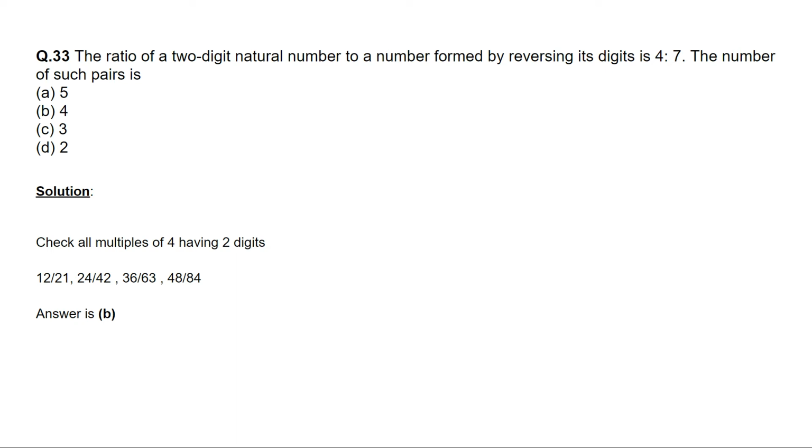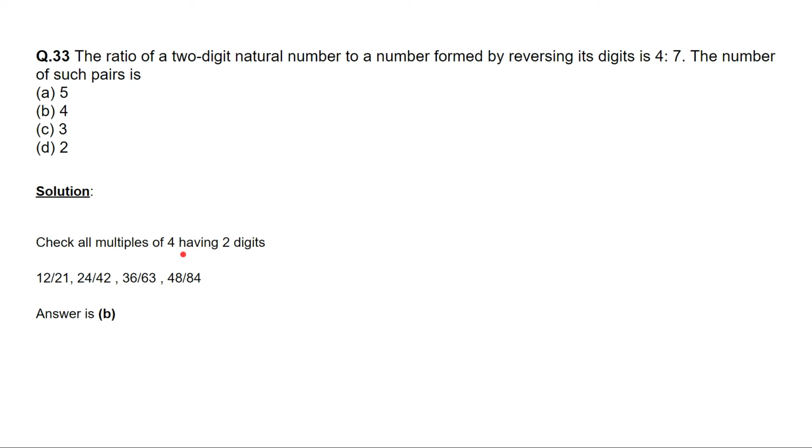This is a simple question. Here we will try to find the two-digit natural number where the ratio after reversing the digits is 4 by 7. So 4 by 7 is the ratio.